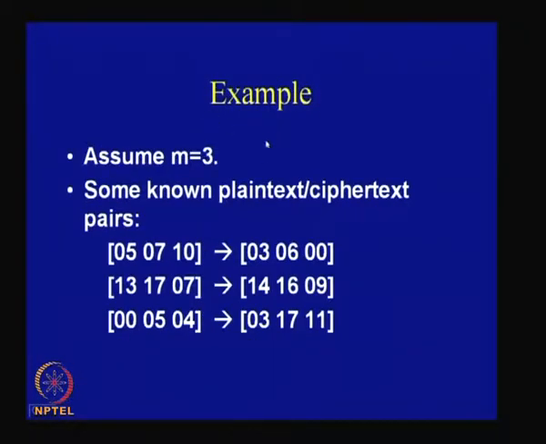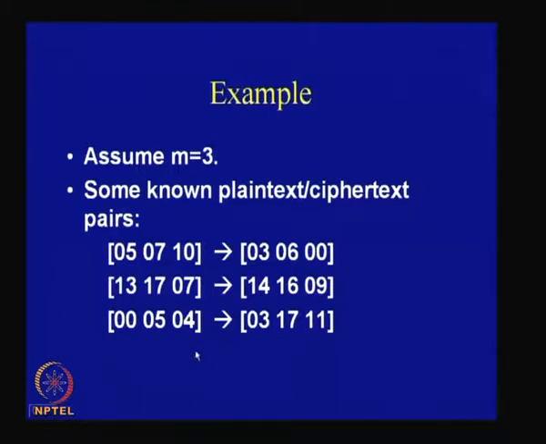So here is an example. Assume that m is equal to 3 and some known plain text ciphertext pairs are given. Suppose 05, 07, 10 is getting mapped into 03, 06, 00; 13, 17, 07 is getting mapped to 14, 16, 09; and 00, 05, 04 is getting mapped to 03, 17, 11.